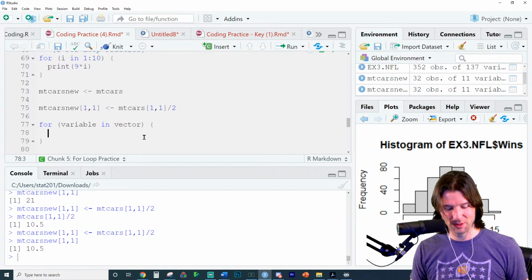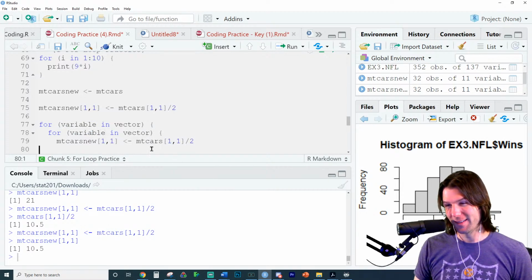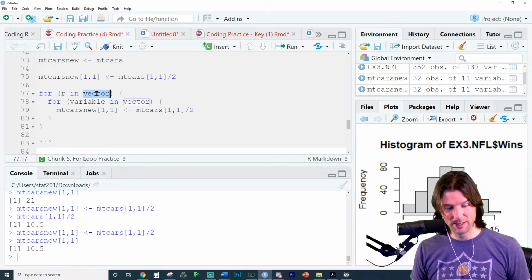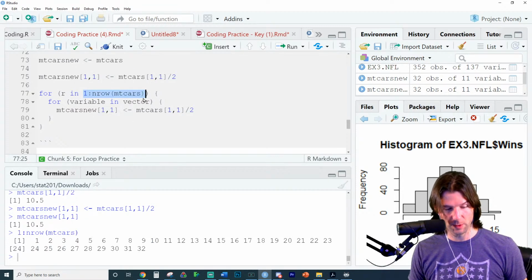So what we're going to do is turn this into a nested for loop right here. We're going to make this the rows, and we're going to go from 1 through the number of rows in mtcars, which is the data frame. All this does is tell us how many rows and makes a number vector of rows.